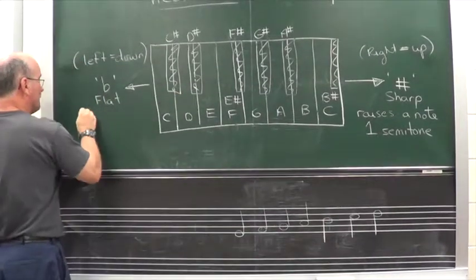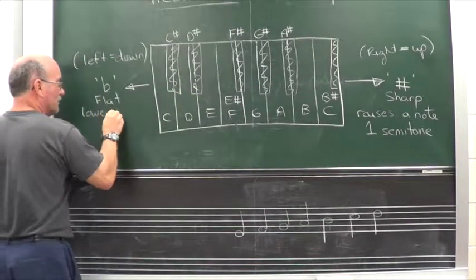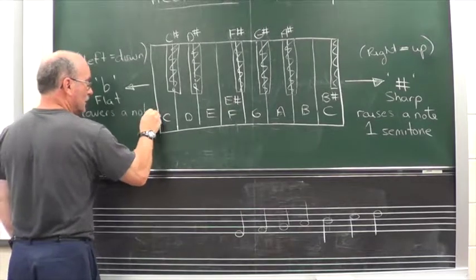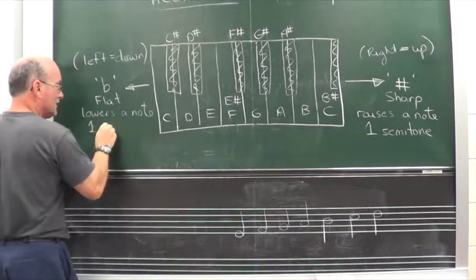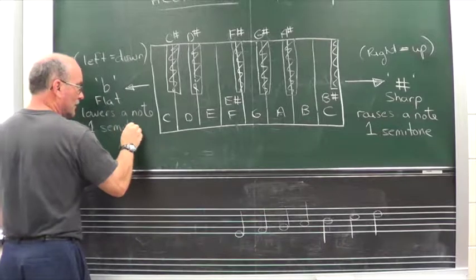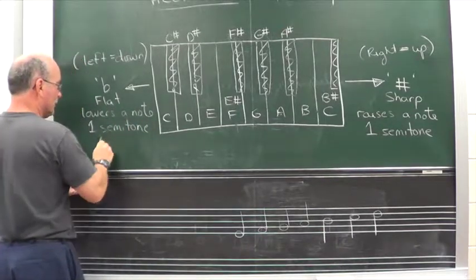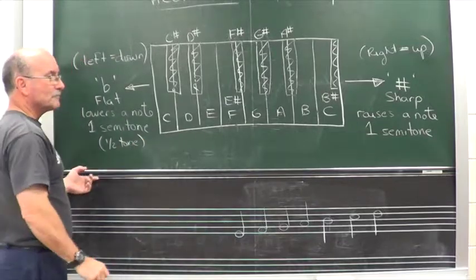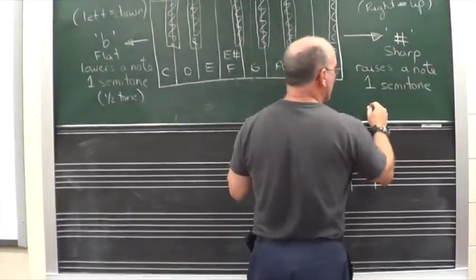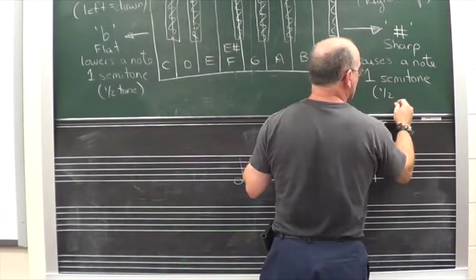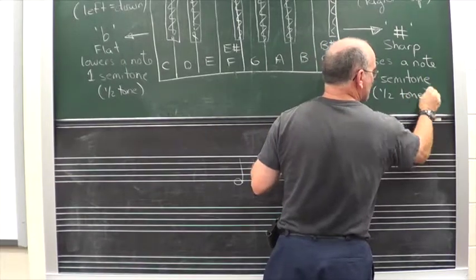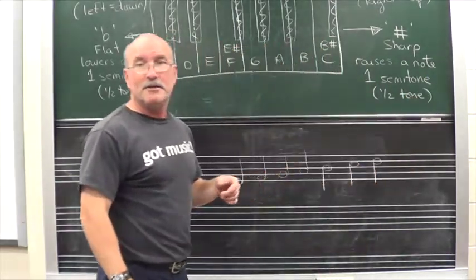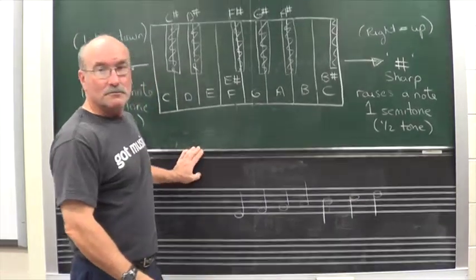Same definition except it lowers a note one semitone, otherwise known as half a tone. That's another way of saying it. Raises a note half a tone, or you can say one semitone. Either is correct.